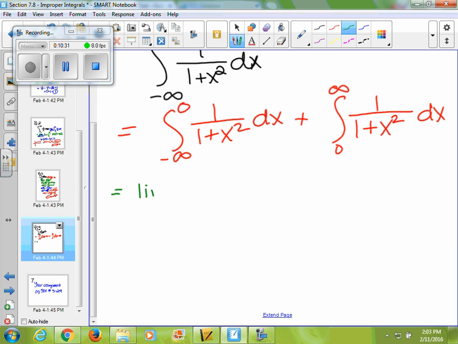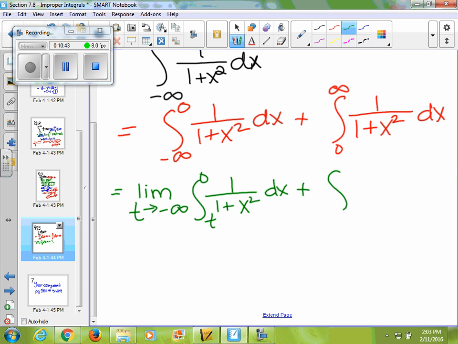Okay, so if I rewrite it using my limits, the limit as t approaches negative infinity from t to 0 of 1 over 1 plus x squared dx plus the limit as t approaches positive infinity from 0 to t of 1 over 1 plus x squared dx.